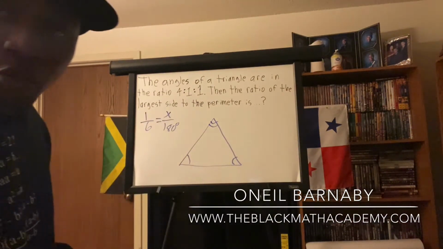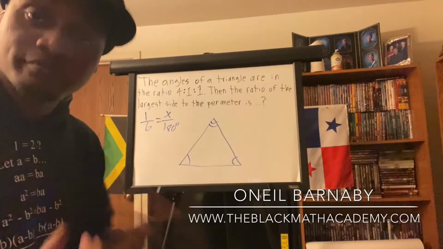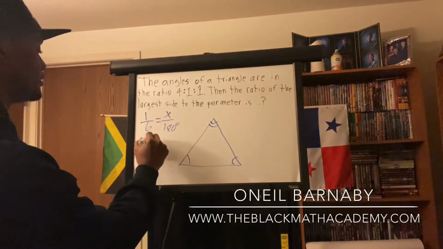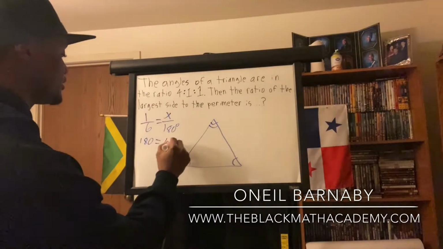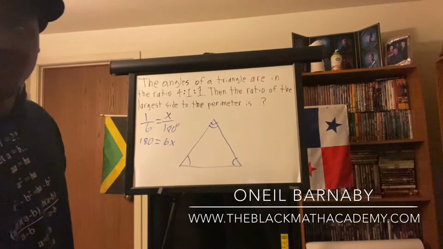And now we have a proportion, and the surefire way to solve proportions is to cross multiply. So we're going to do that. 180 times 1 is 180. 6 times x is 6x. So now our equation says 180 equals 6x.